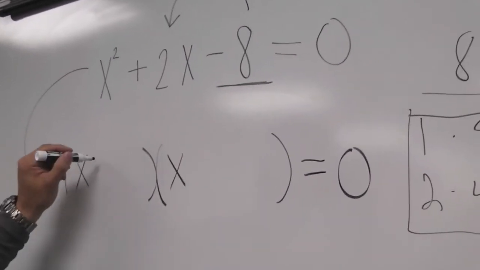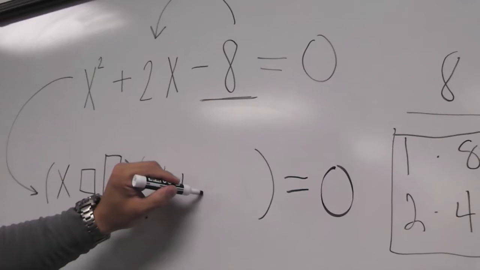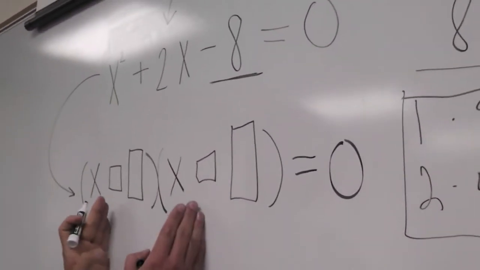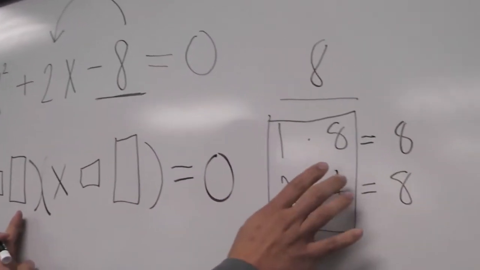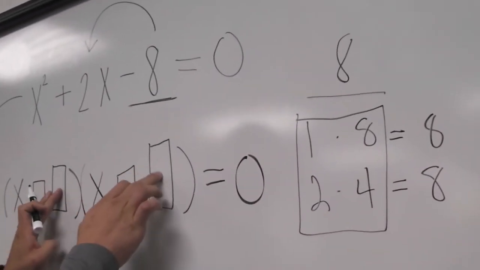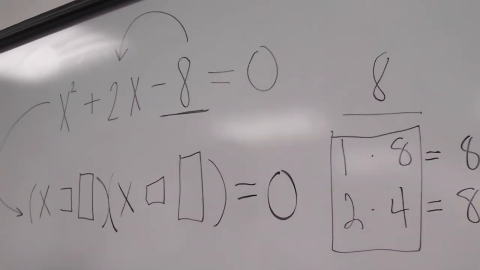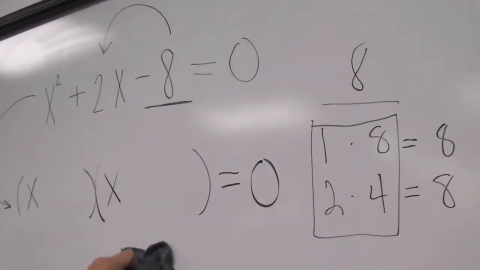But these next terms, I'm going to box these right here because we don't know what they are, the hard ones. We don't know if it's plus or minus, and we don't know what number goes in here. We do know that these numbers right here go into these boxes right here, but we don't know how they go. And being skilled at math is knowing how those numbers are arranged.